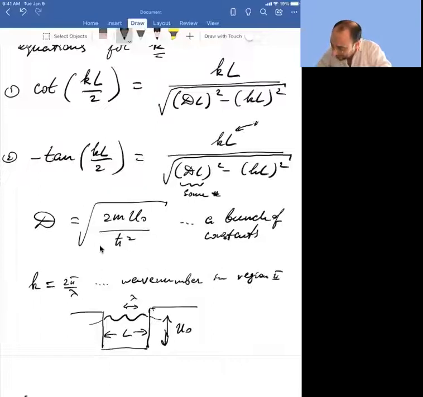L is also a number. These are pairs of equations for K. The only unknown here is K. So the allowed wave numbers of the wiggles inside the well are given by solutions to these equations.